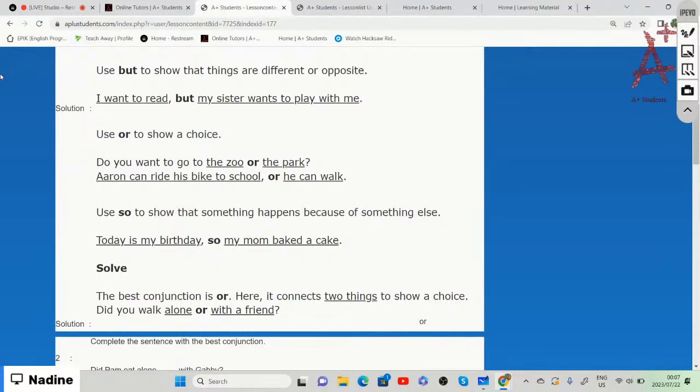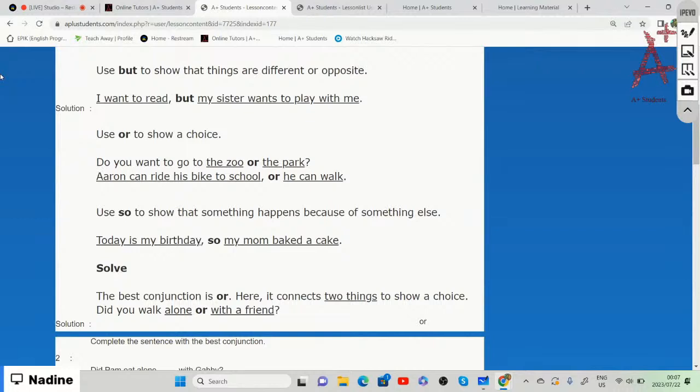We use so to show that something happens because of something else. Today is my birthday, so my mom baked a cake.